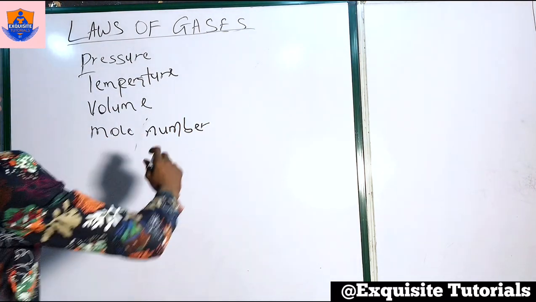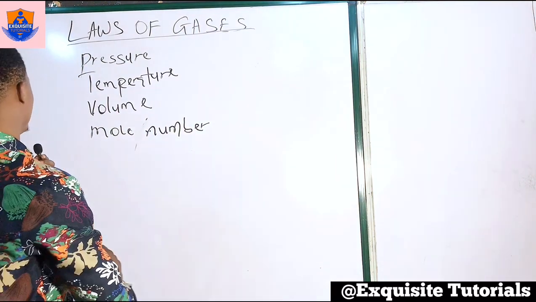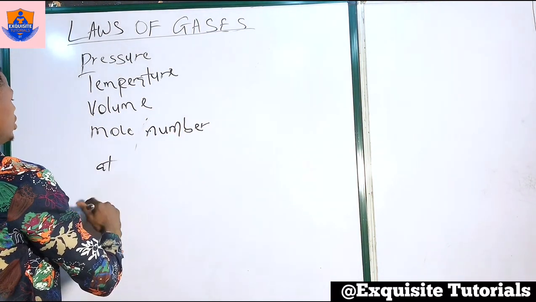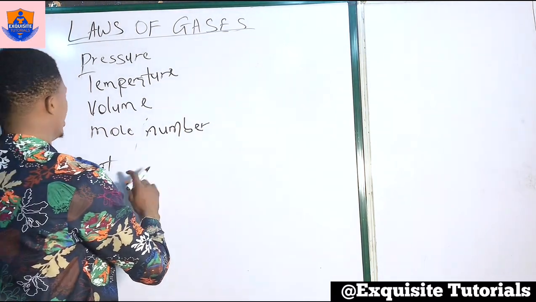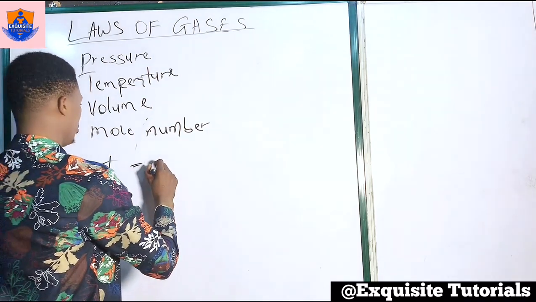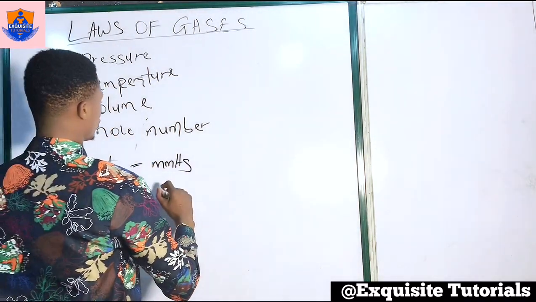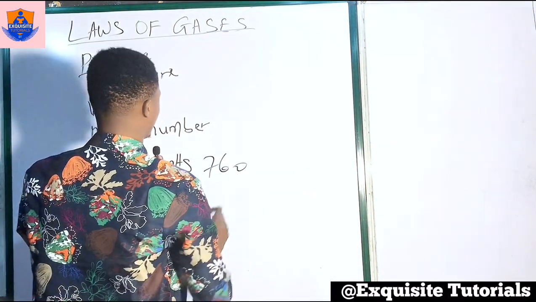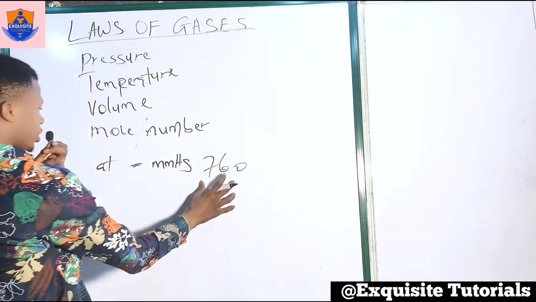Now, talking about pressure, when you are calculating for pressure, it has to do with ATM. When you are converting ATM, 1 ATM is equal to 760 millimeter mercury.